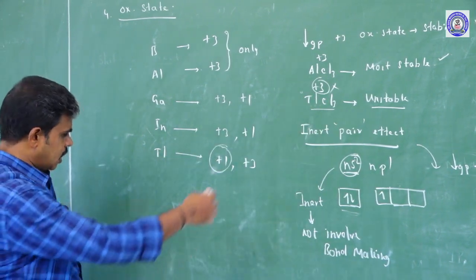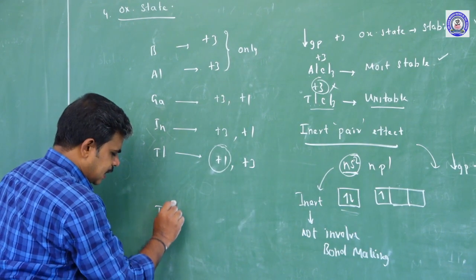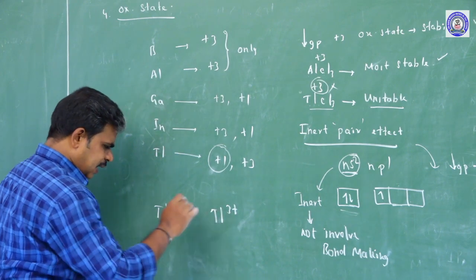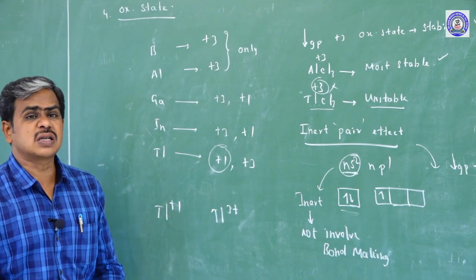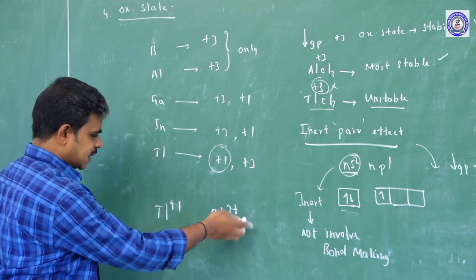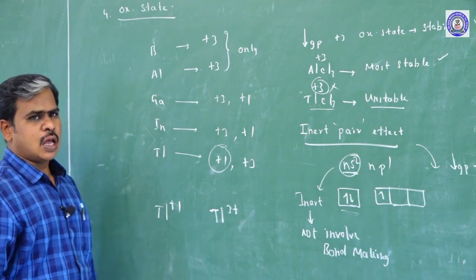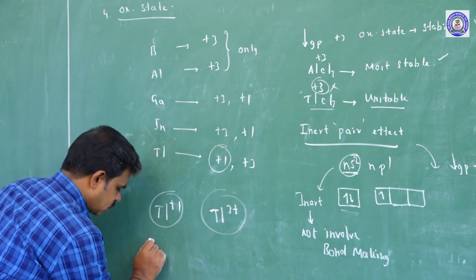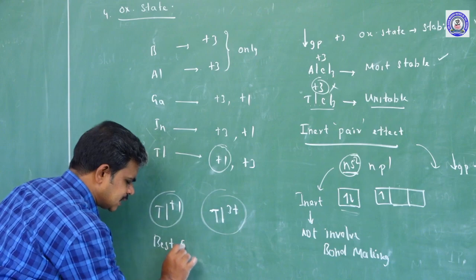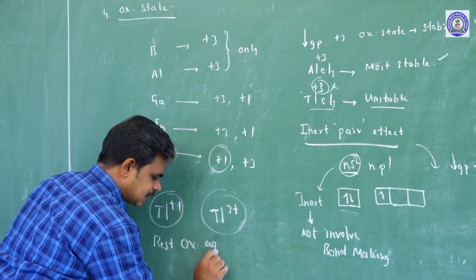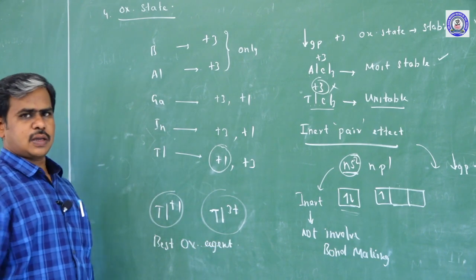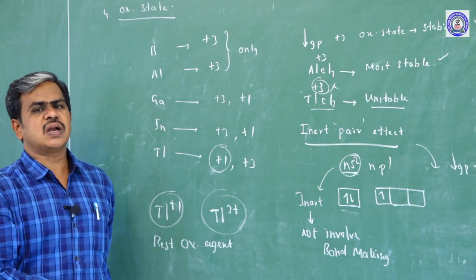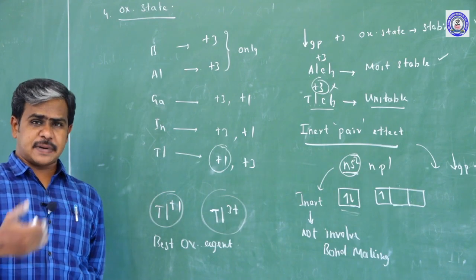One more question: if you take Tl+ and Tl3+, which one is the best oxidizing agent? The best oxidizing agent is one which can easily accept an electron.